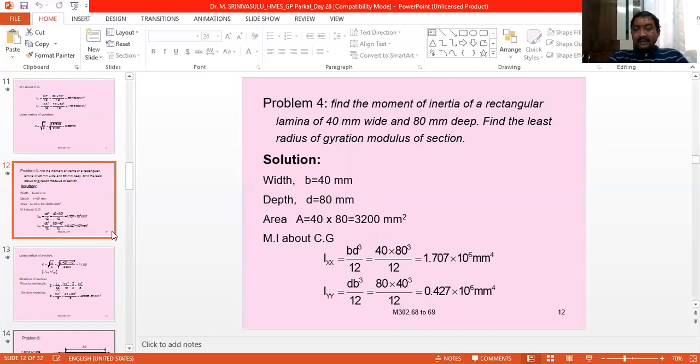Similarly, Iyy, the moment of inertia about the centroid and parallel to the y-axis, the formula is DB cube by 12. Here D is equal to 80 and B is equal to 40, so it is 80 into 40 cube by 12, which is equal to 0.427 into 10 power 6 mm4. So these are the values for Ixx and Iyy.